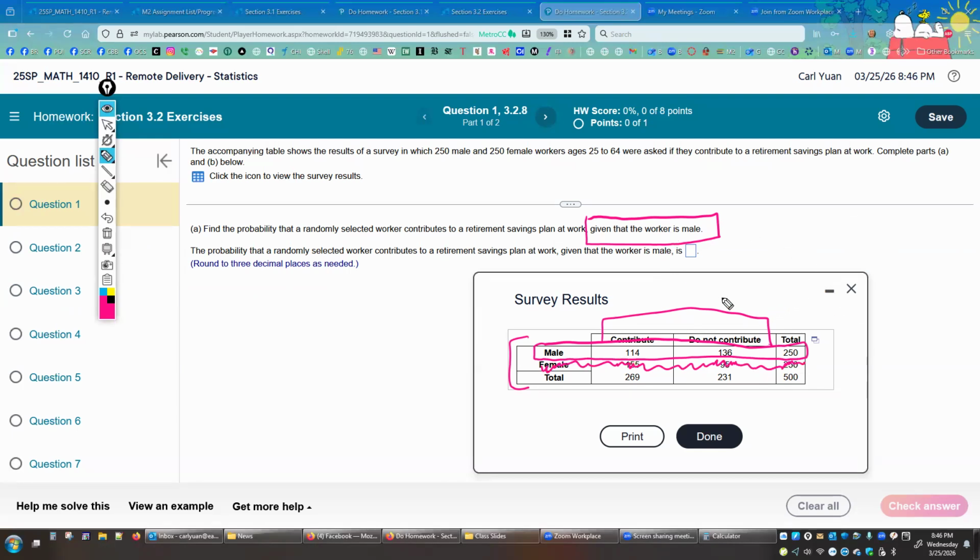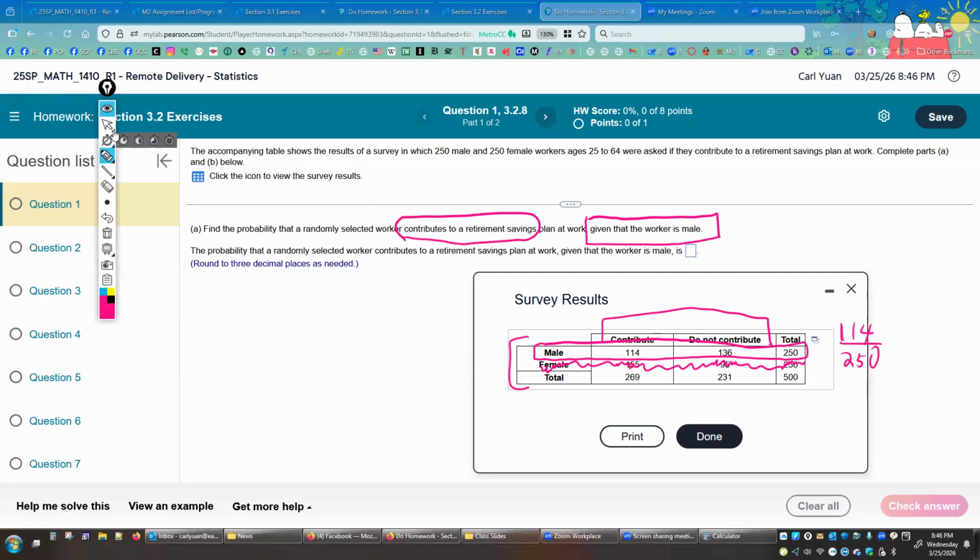All right. So out of the 250 male, the ones who contribute to the retirement savings would be 114. So this would be the probability of a person who contributes given that the person is male. When this is given, that means we're only looking at male. All right.